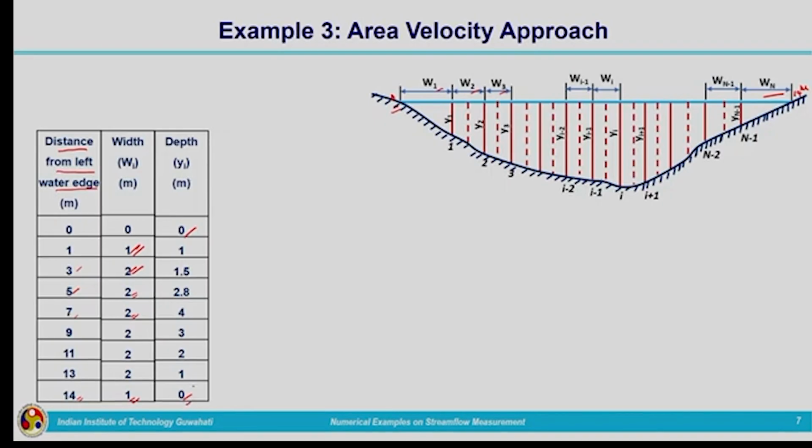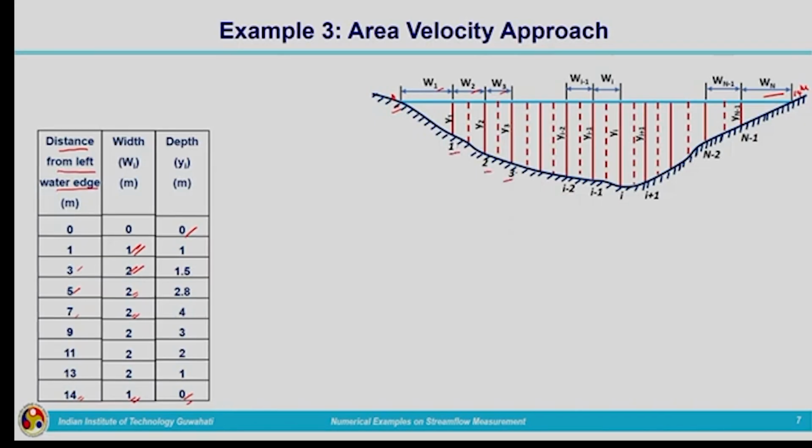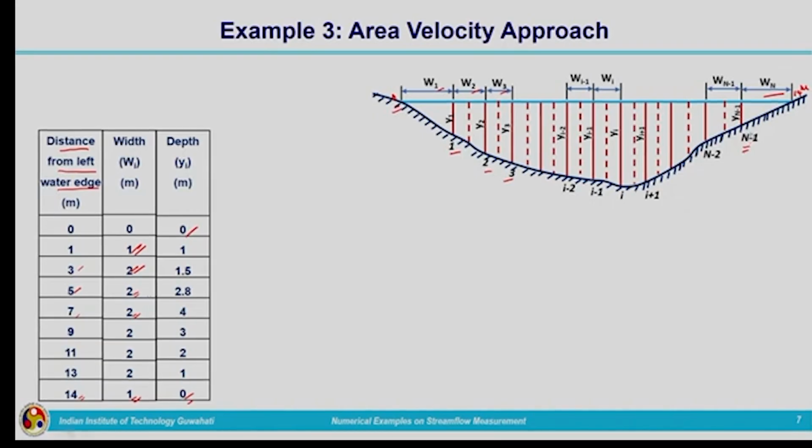Left and right banks will have 0 depth, and corresponding to each section 1, 2, 3 up to n minus 1, the depth yi is given to us, and now we need to compute the average width.